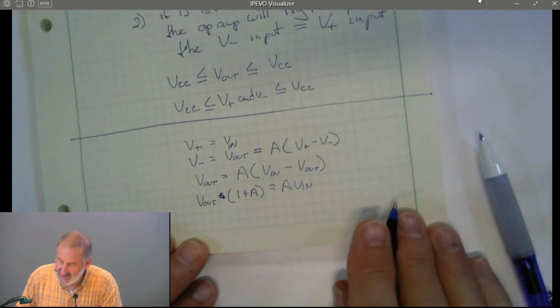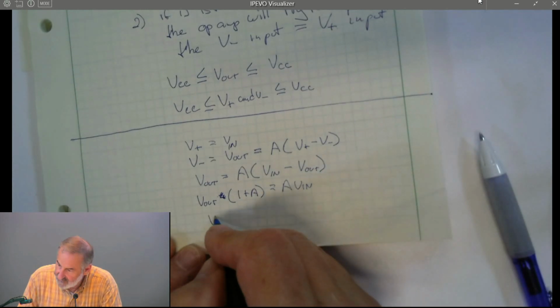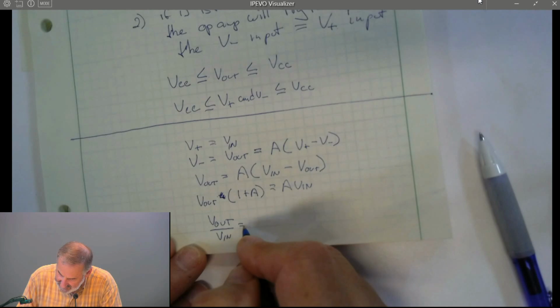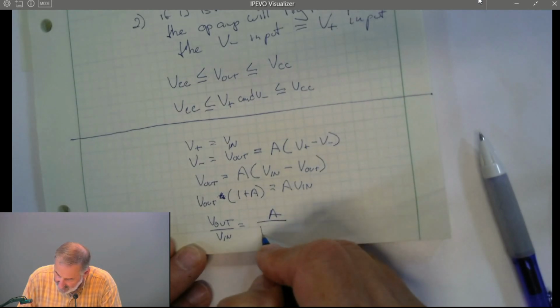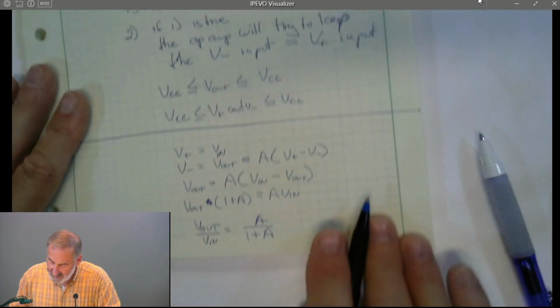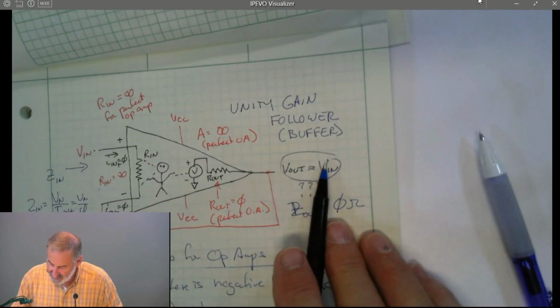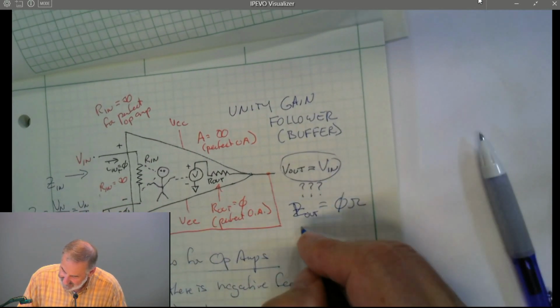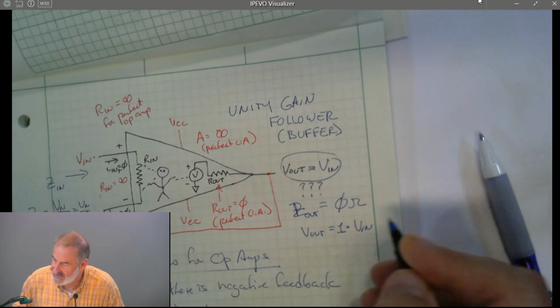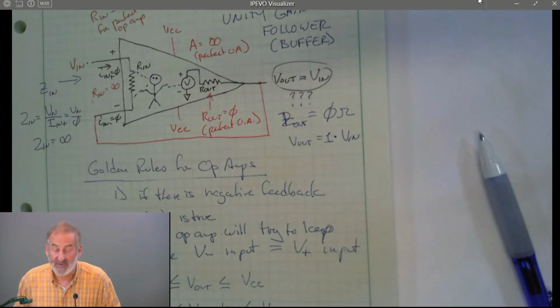And we want the gain of this circuit. Gain is V out over V in, and that's equal to A over 1 plus A. So up here, I claim that V out equals 1 times V in. Our gain is 1 if this is a perfect op amp.